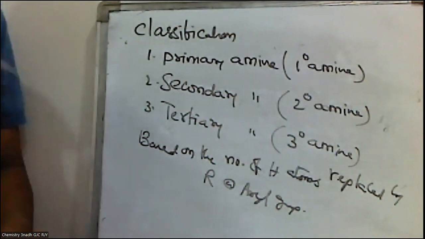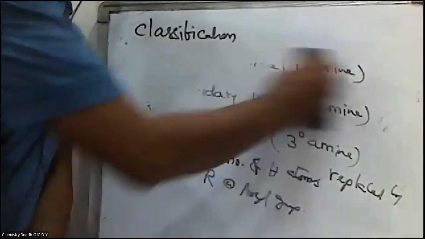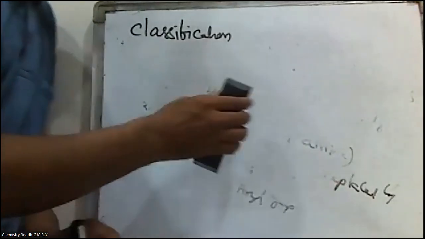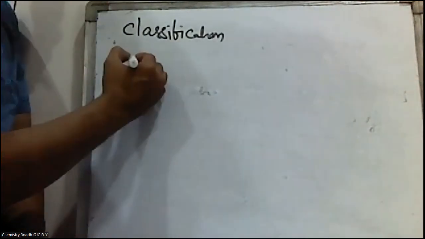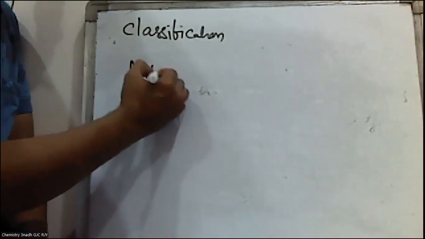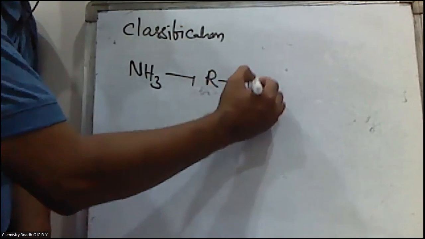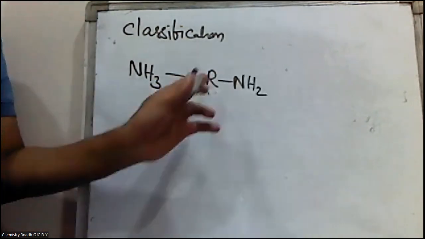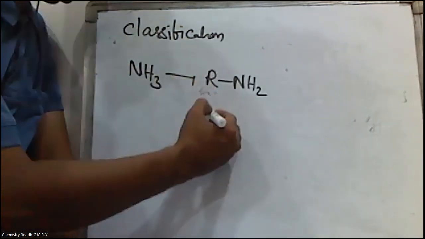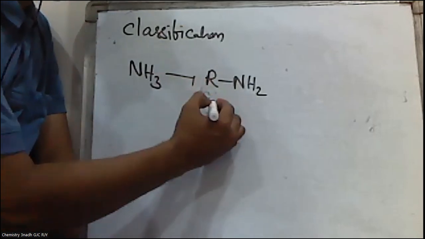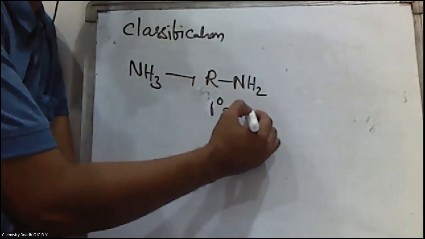If one hydrogen atom of ammonia is replaced with an alkyl or aryl group, it is called a primary amine.